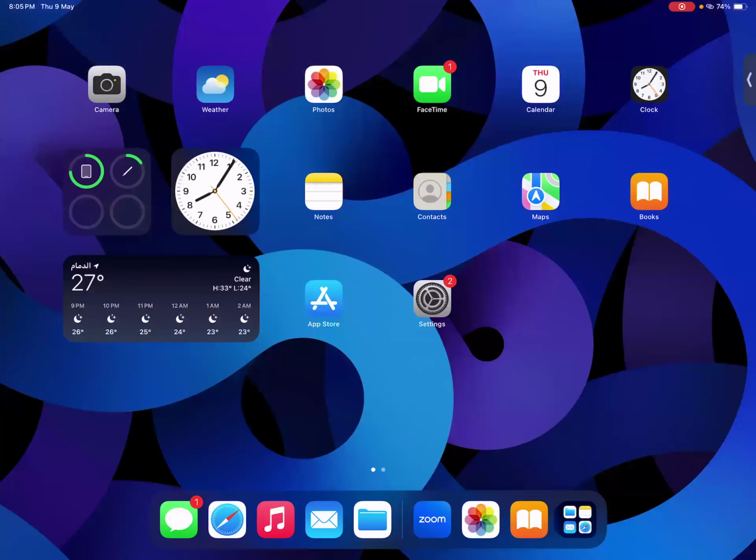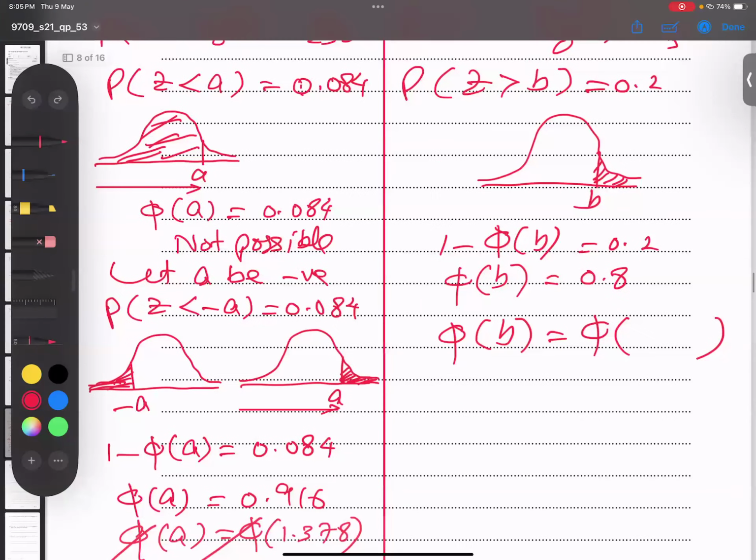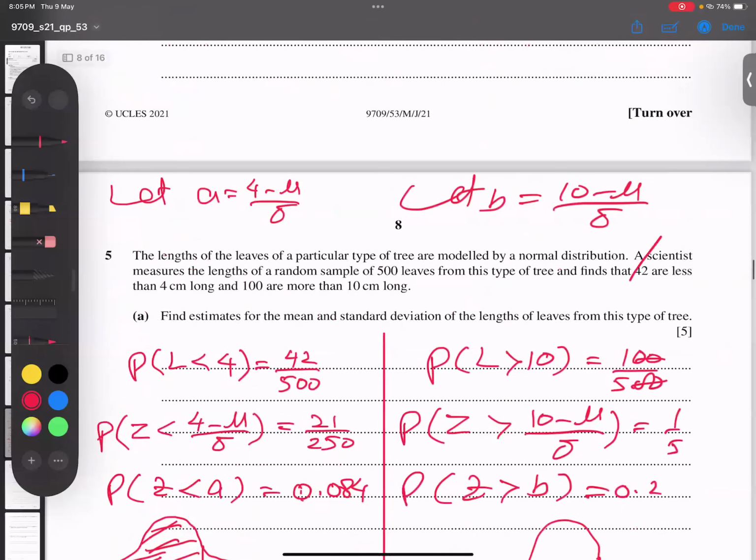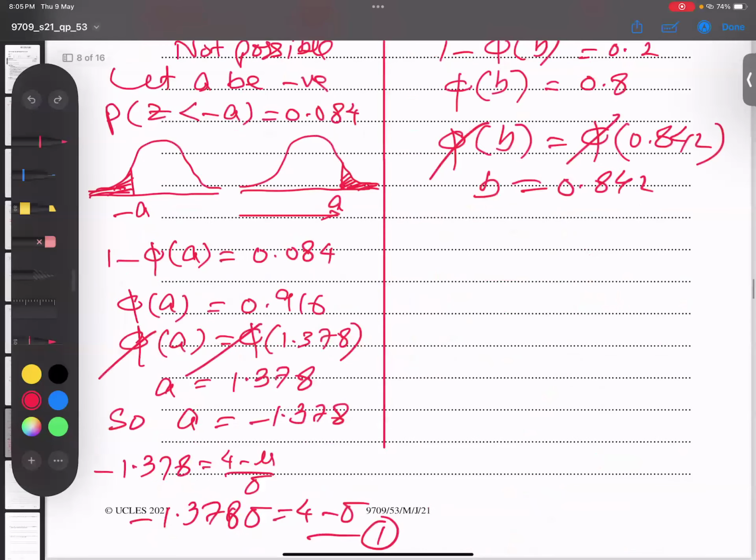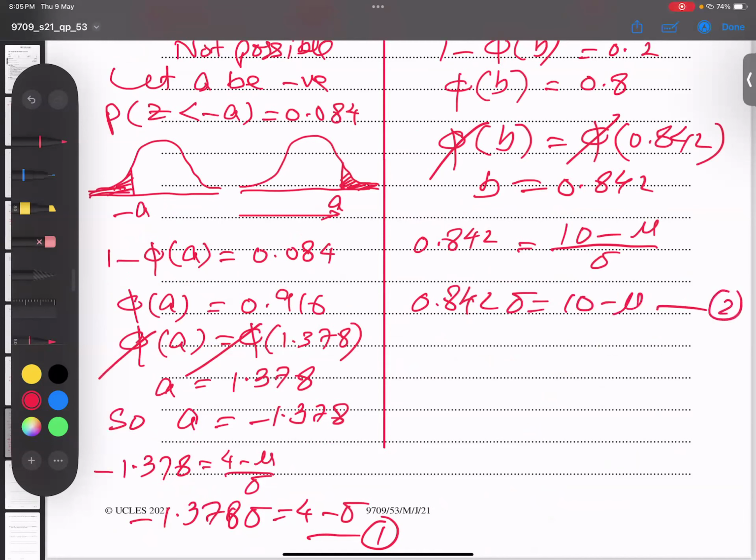Let's go back, and I am putting here 0.842. So B value is 0.842, and I plug it in here. So (10 minus mean) over deviation equal to 0.842. So 0.842 deviation equal to 10 minus mean, equation number 2.